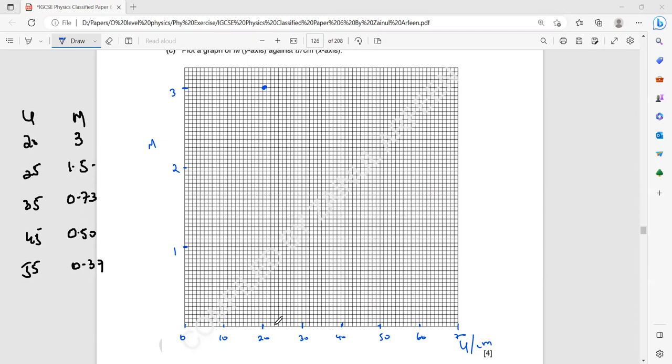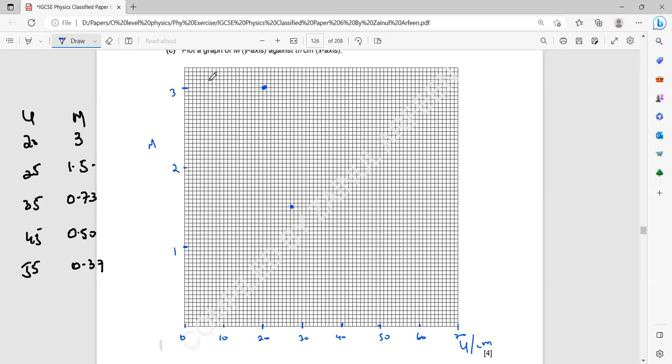So 1, 2, 3, 4, 5. So this is 25 and I'm looking for 1.5. Maybe because of the screen my mark point may be slightly up or down, but the main idea is just to show it. So this is 2, this will be 1.9, 1.8, 1.7, 1.6, and 1.5. So this will be 1.5.